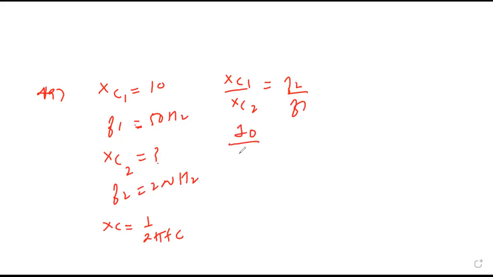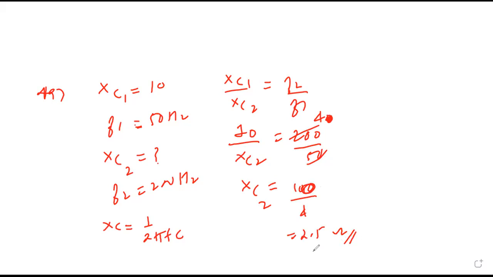So 10 upon Xc2 will be 200 upon 50, that is 4. So Xc2 is 10 upon 4, na? Yes, sir. 2.5 ohm.